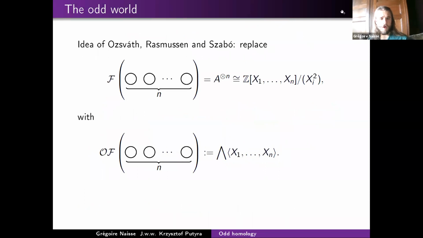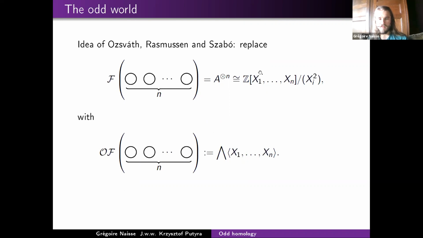So what's the idea of odd Khovanov homology? Well, Ozsváth, Rasmussen and Szabó suggested this observation. When you apply F on a collection of n circles, what you really get is a polynomial algebra in n variables modulo x_i squared.